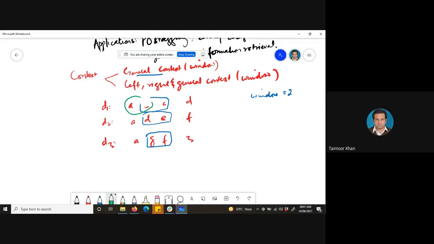Actually, this window size is not 2, it's 3, but we were ignoring A, which was also part of the window. Let me just do that again.